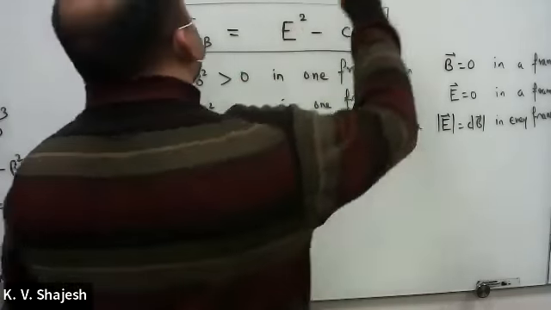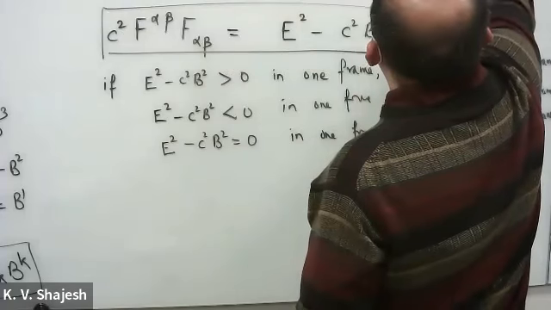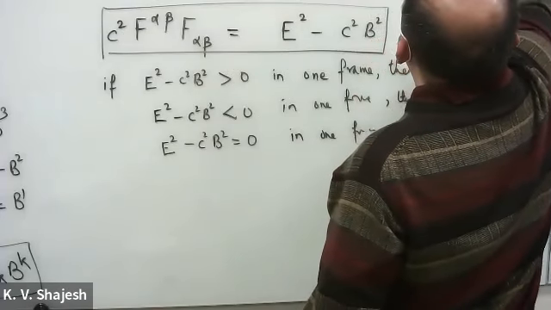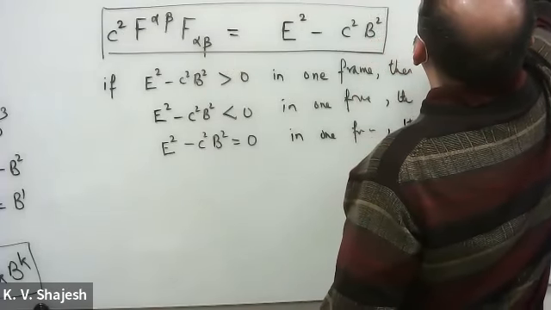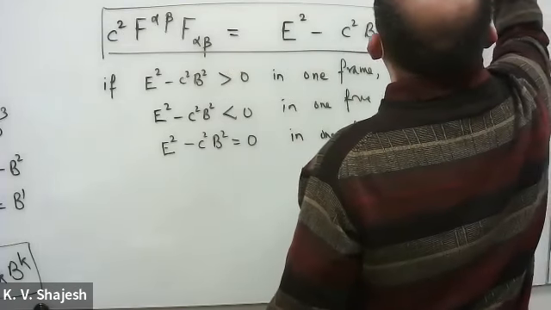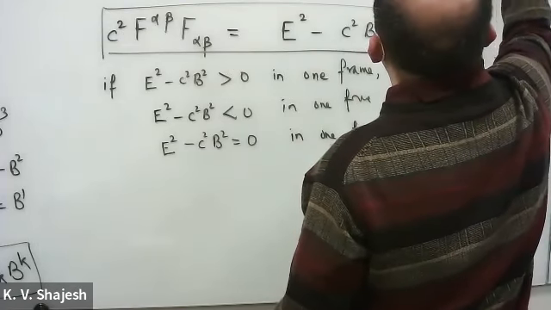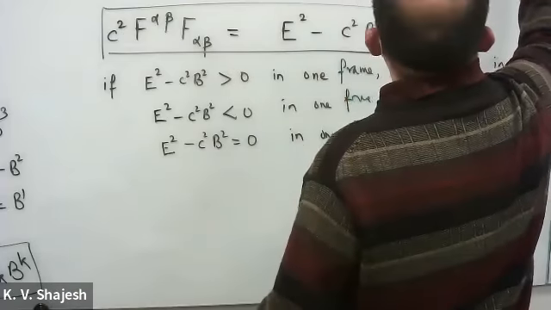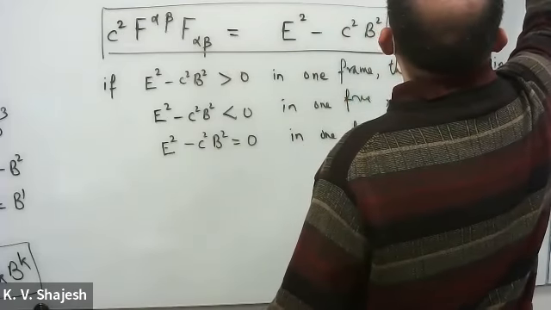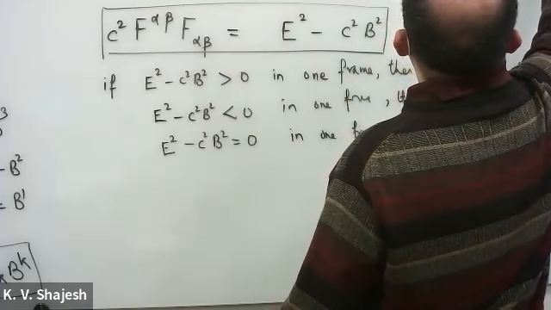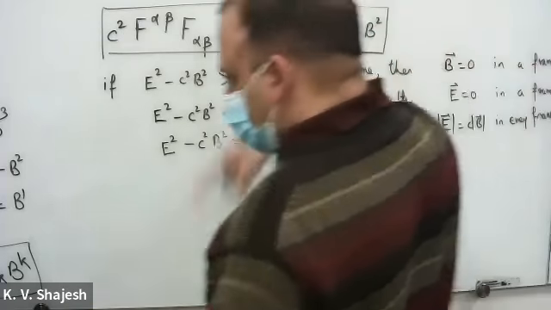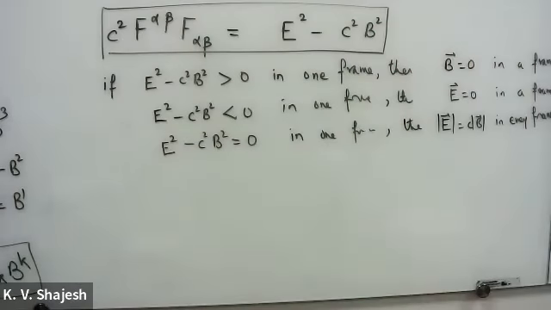So let's write this down. F0i is electric field E_i over c, and F_ij is equal to epsilon_ijk B_k. Since it's space, it doesn't matter going up and down.